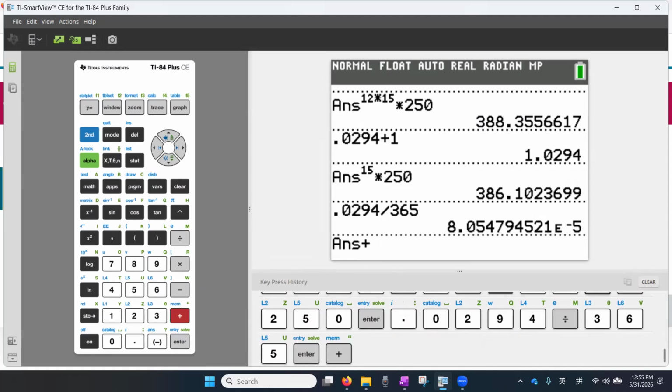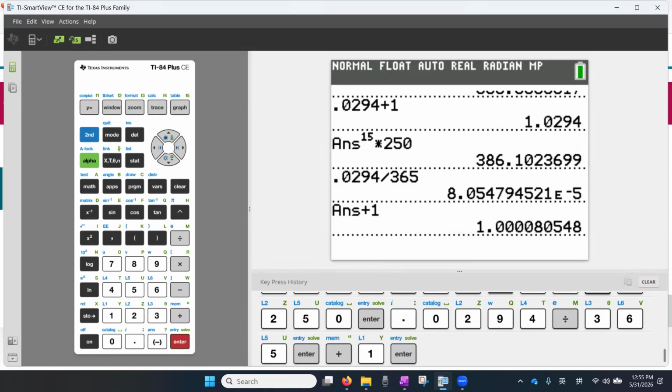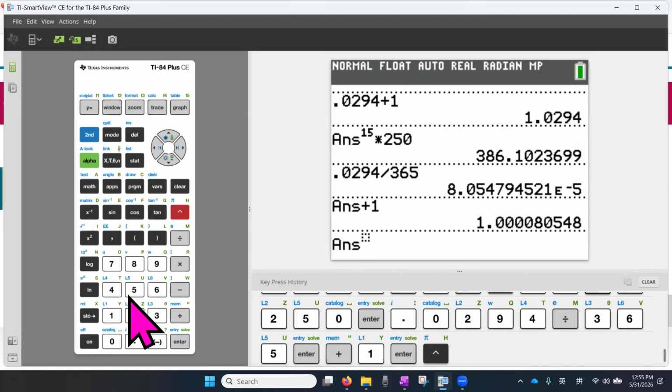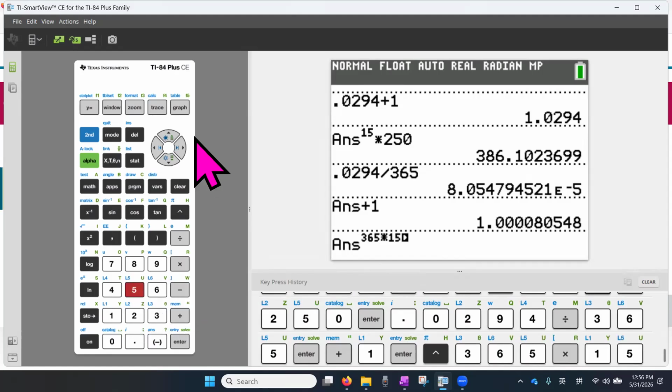Add 1 to the daily interest rate, and we have the compounding factor in part C. I'm going to raise that to an exponent, and that exponent is going to be the number of times the interest is compounded over the 15 years. Since the interest is compounded daily, that's 365 times a year for 15 years.